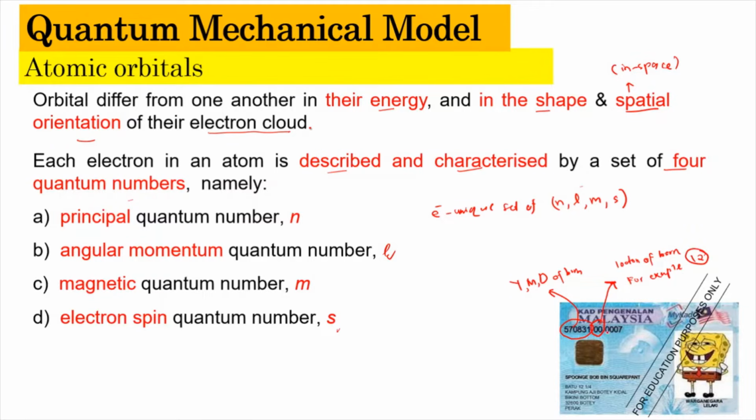Meanwhile, these 3 digits here are unique to each individual and computer generated. And for the last digit, if it is an even number, then it's a female. If it is an odd number, then it's a male. So in this situation, you can relate that to our electron quantum numbers. But for now, let us look into the principal quantum number first.